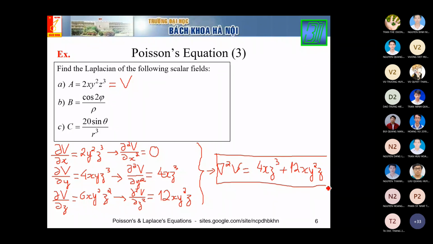And please keep in mind that the inputs and the output of this operator are all scalar. They are numbers, not vectors, unlike the two previous operators. We can talk a little about this. The two previous operators, the first one is divergence.